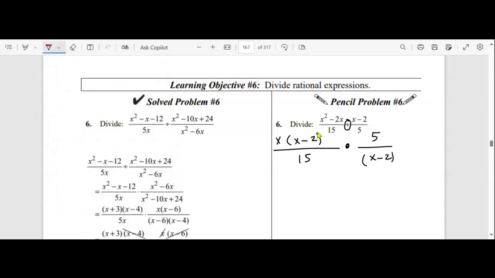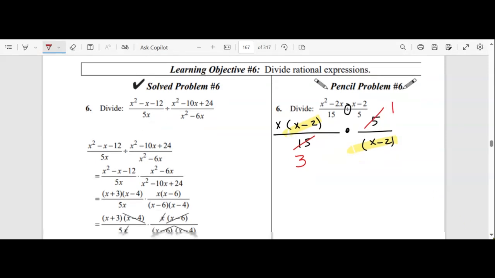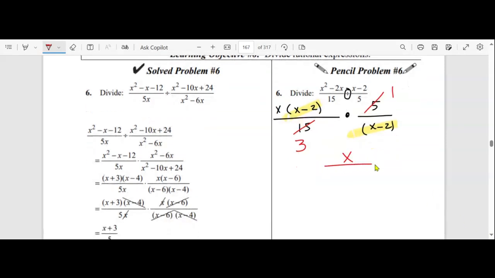Do you like to kill? Yes, of course. So can you cancel x minus 2 with x minus 2? Can you cancel 5? 5 goes into 15 how many times? So what's your final answer? That's correct. Easy as easy?